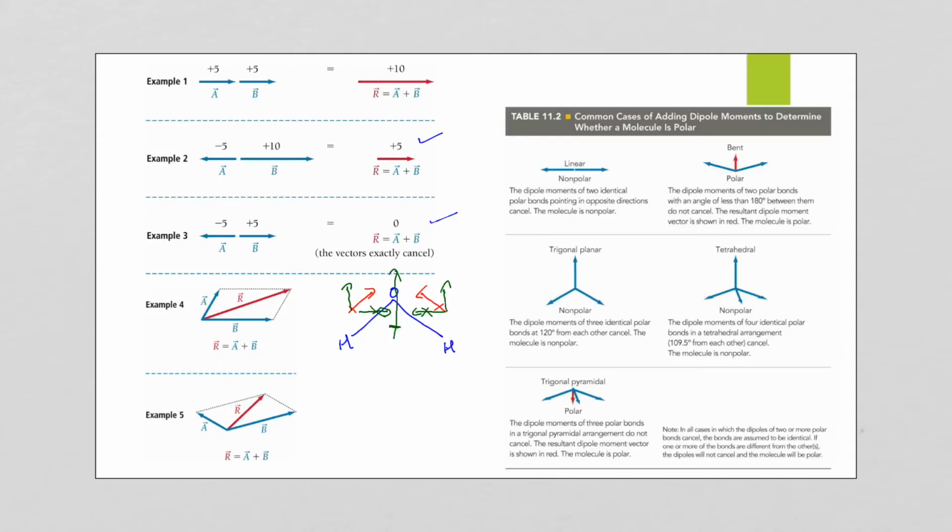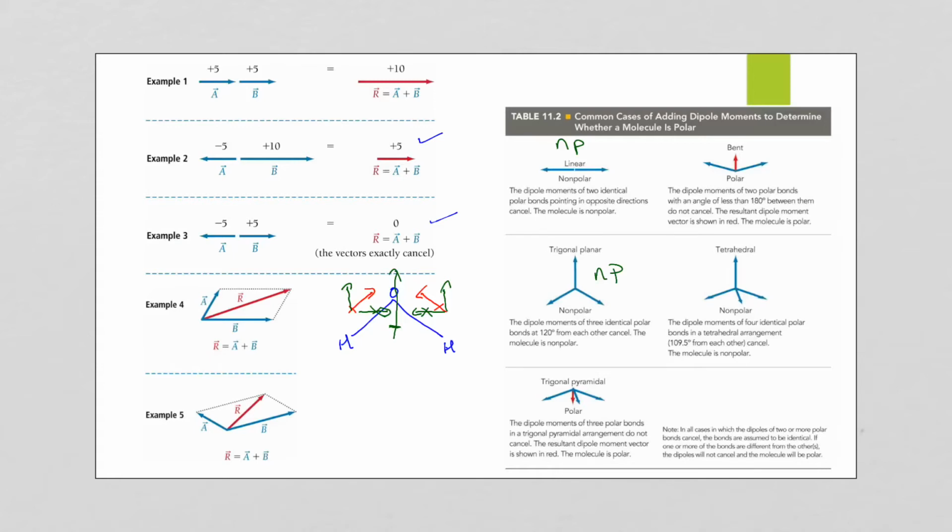All right, so let's think about the geometries. If we have our base geometries and all of the atoms are the same, just bonds and all the atoms the same, a linear structure is symmetrical, so it will be nonpolar. A trigonal planar structure will be nonpolar, the dipoles will cancel.